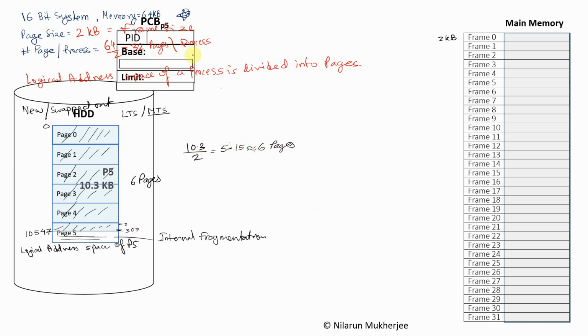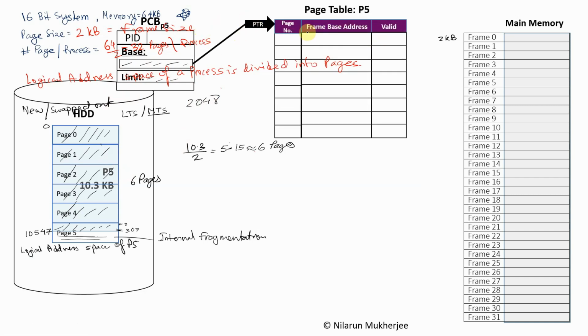So the PCB here, similarly these pages will be loaded in different frames here. So every page will have a different base, and every page will have the same limit of 2 KB, that is 2048. So storing multiple values in the base field is not possible, so we will maintain a page table for the process.